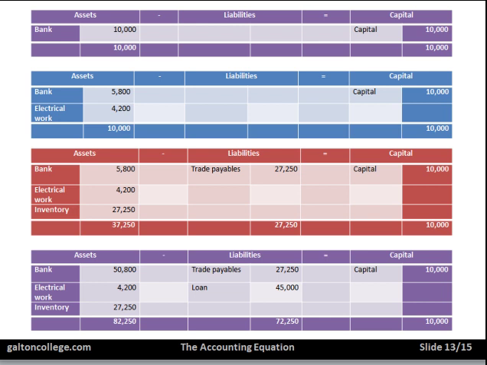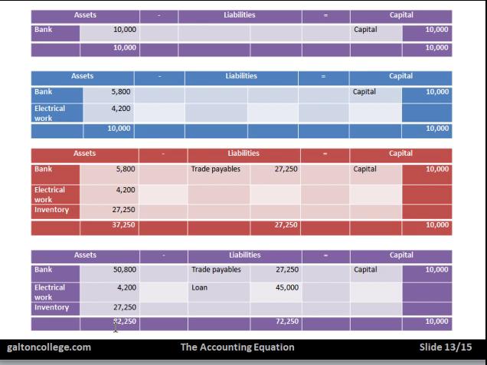He managed to get a loan of £45,000. If we add in the loan, because he has to repay it, it's a liability. We'd add the £45,000 on to the bank here. He had 5,800 in the bank, add 5,800 to 45,000, that's 50,800.